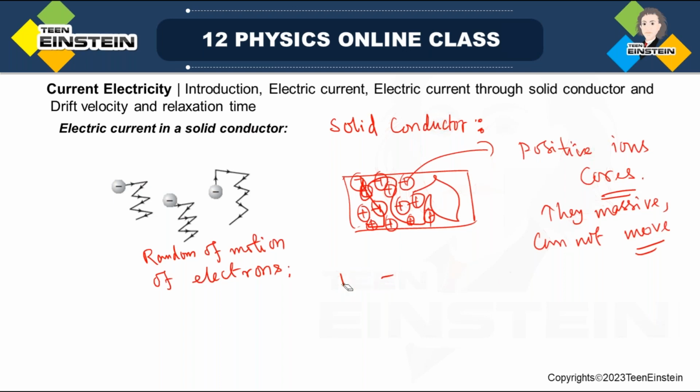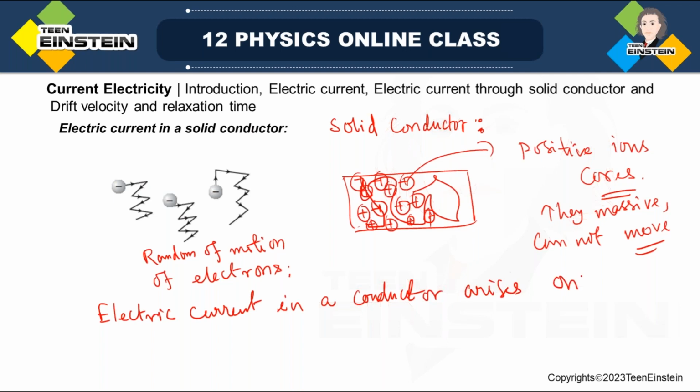electric current in a conductor arises only due to electrons.